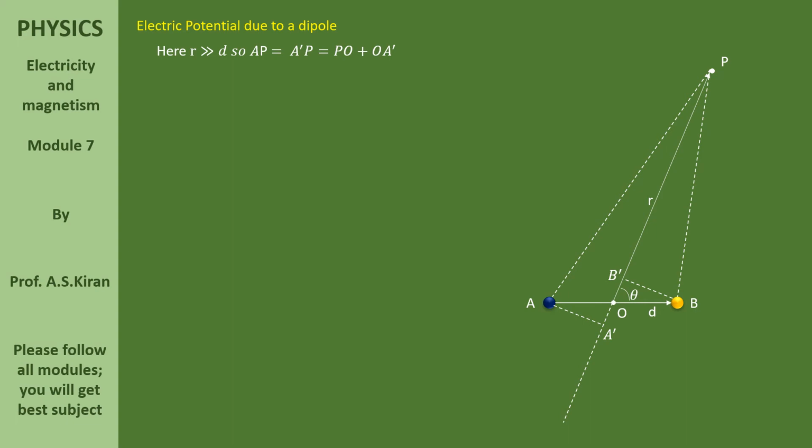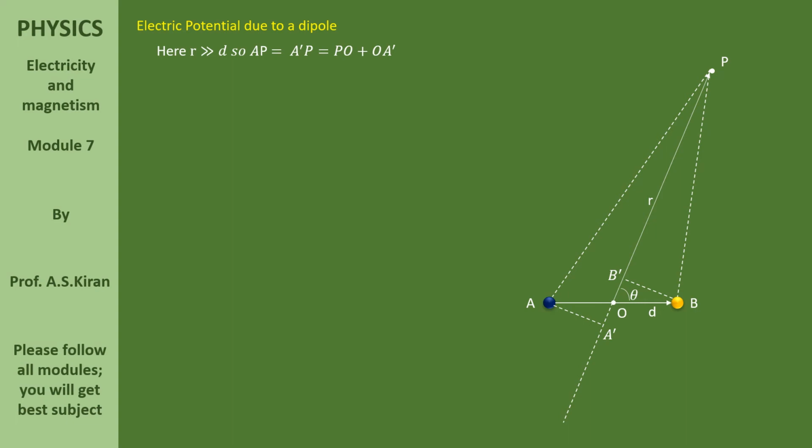To find this OA dash, one should agree that at O the angle is theta. In the right angled triangle A dash O, at O the angle is theta and at A dash it is 90 degrees. Please remember that. Let us consider that small right angled triangle.